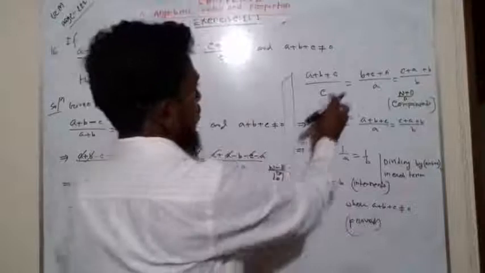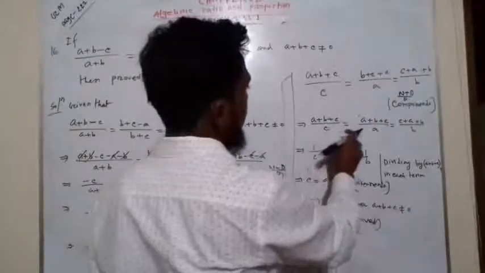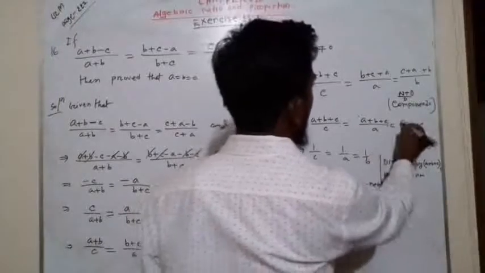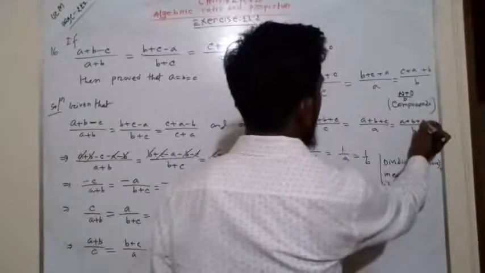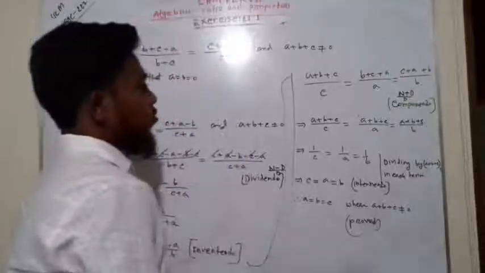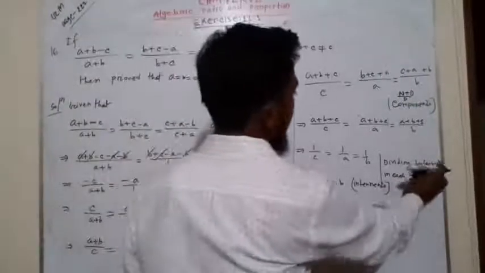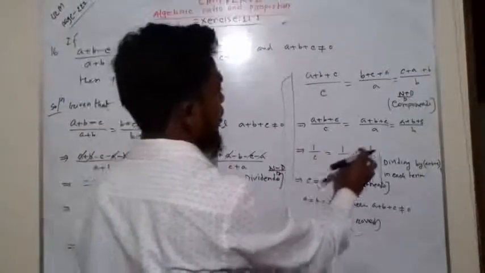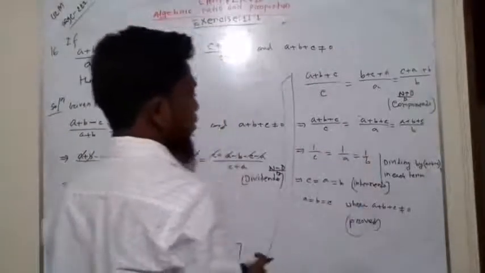Simplify this line: (a + b + c)/c = (a + b + c)/a = (a + b + c)/b. Now dividing by a + b + c in each term, we have 1/c = 1/a = 1/b.